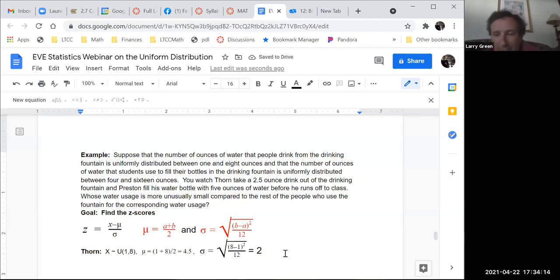Okay, so now I need to find z. So z is x minus mu over sigma. What's x in this case? You've got to read the question. And we're focusing on Thorne right now.